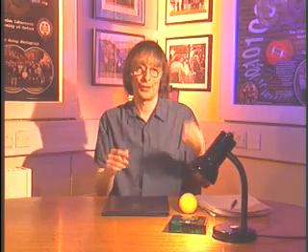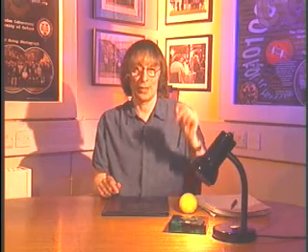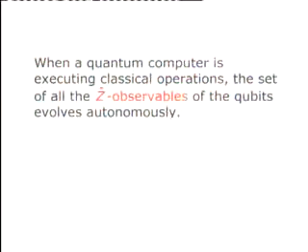Note that in general, the Z observables will not be sharp during those classical operations because they need not have been sharp when the classical part of the computation began. Some earlier quantum operations will in general have made them unsharp. Nevertheless, the Z observables form an autonomous evolving system under classical operations.